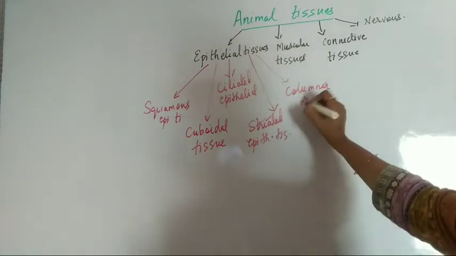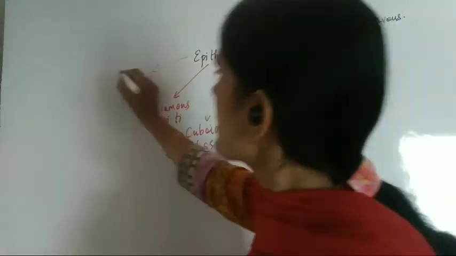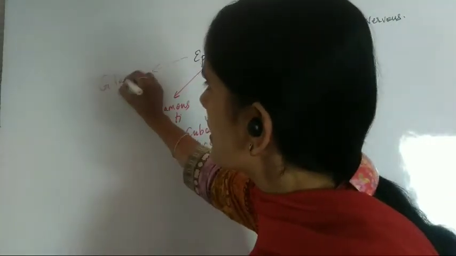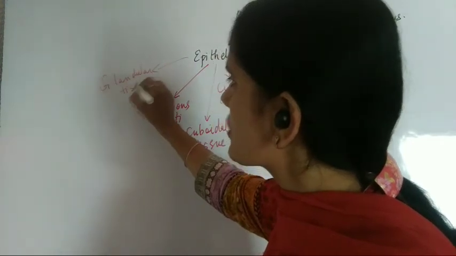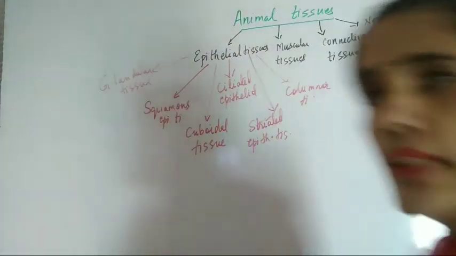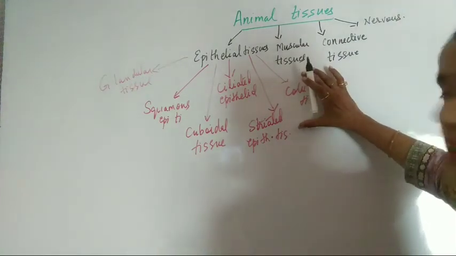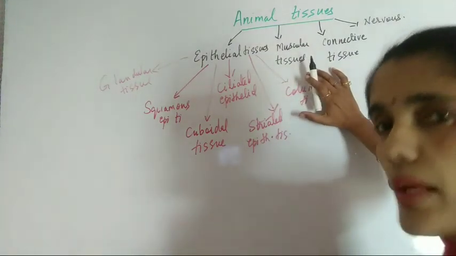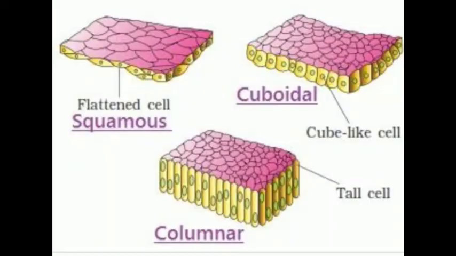And one is glandular tissue. Glandular means it functions as a gland. Okay, so these are different types of epithelial tissues. They are present in different internal organs.